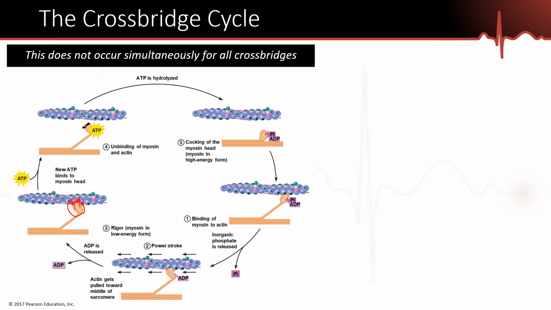And that is how myosin and actin actually interact. Myosin and actin interact by the myosin heads of the myosin proteins grabbing onto the different globular actins within the actin filament.